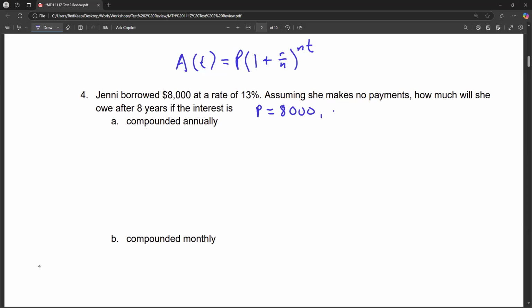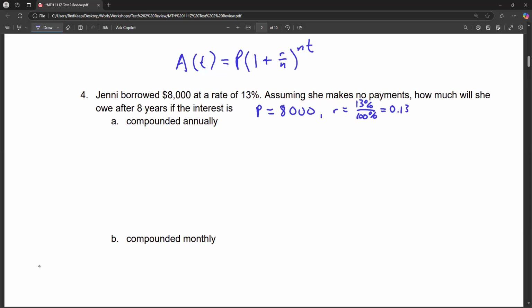So our r value is our interest in decimal form. So what you can do is take that 13% and divide it by 100. Some folks like to see the 100% just to know that those units are canceling, either way. So this will just move the decimal place over 2 places to the left, and we'll get 0.13 for our rate.